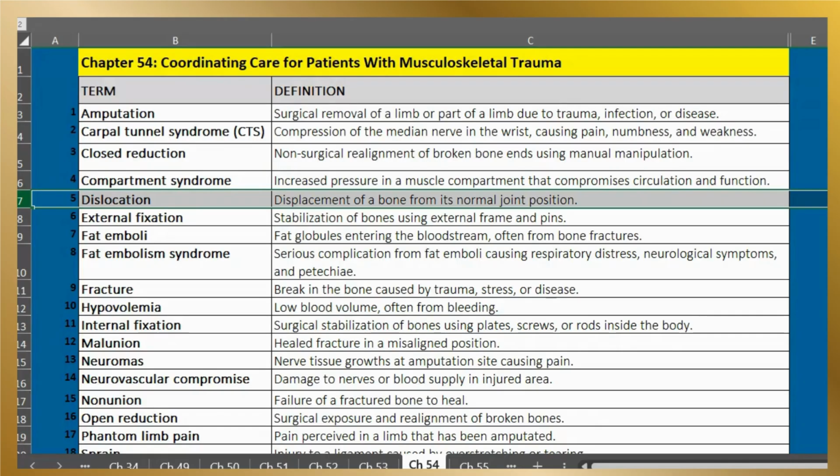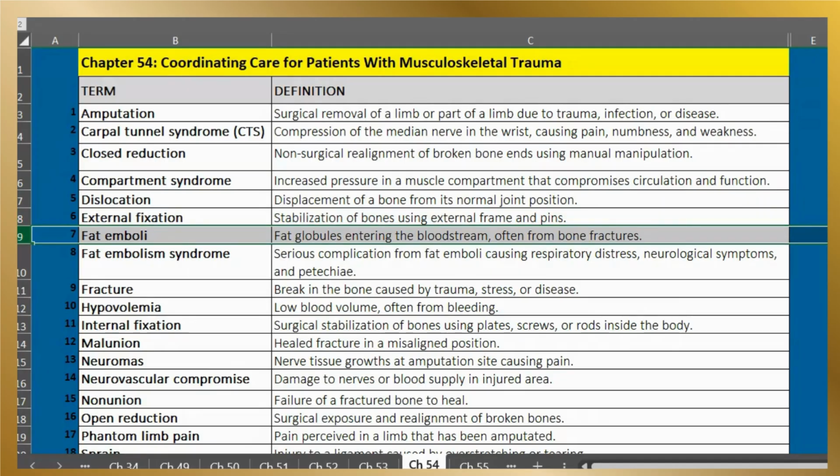Location is the local area, and dis means it's moved a bit away. So the bone pops out of place. External fixation: stabilization of bones using an external frame and pins. It's fixed outside with pins.